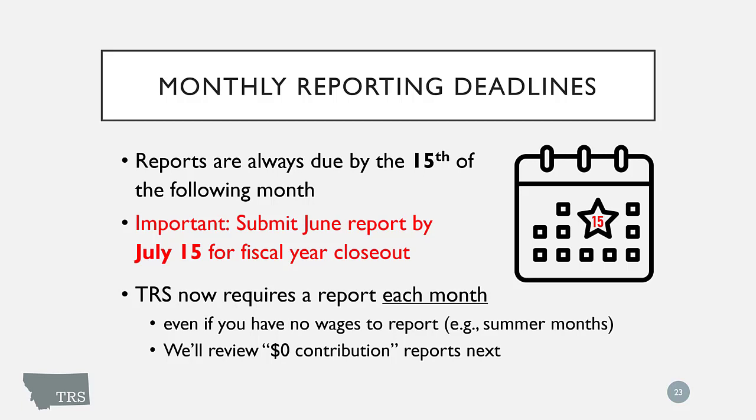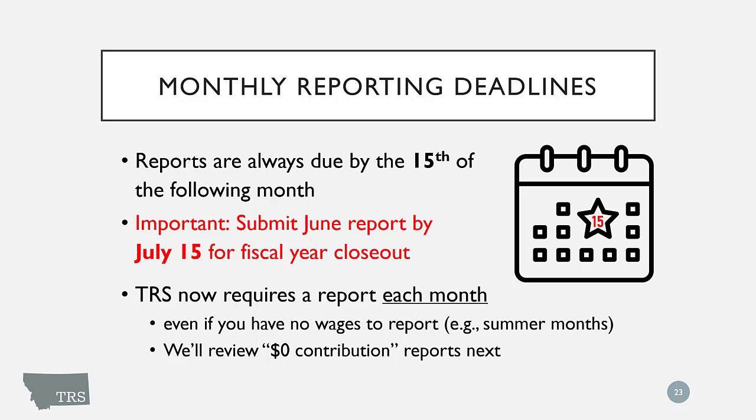The big one that we always remind schools about is that the monthly reporting deadline is the 15th of the following month. So if you're talking about your April report, you have until May 15th to get that in, and that should give schools plenty of time. I usually send out reminders by email shortly after the 15th of the month, just letting you know if you forgot to do it, or if a school forgot to do it.